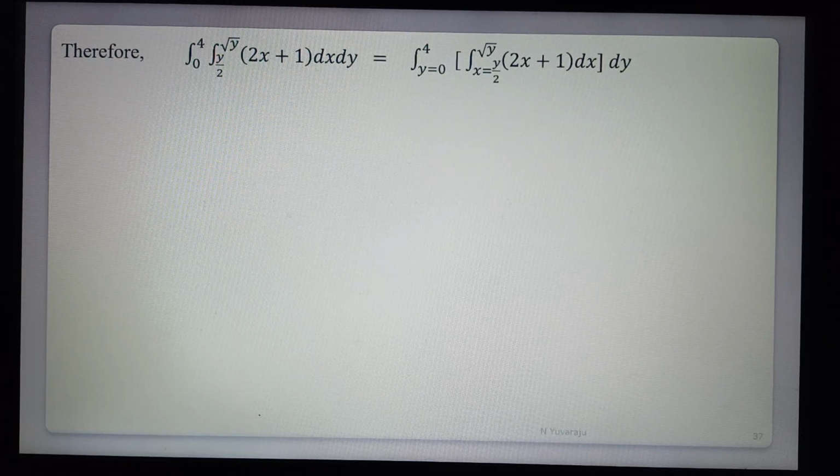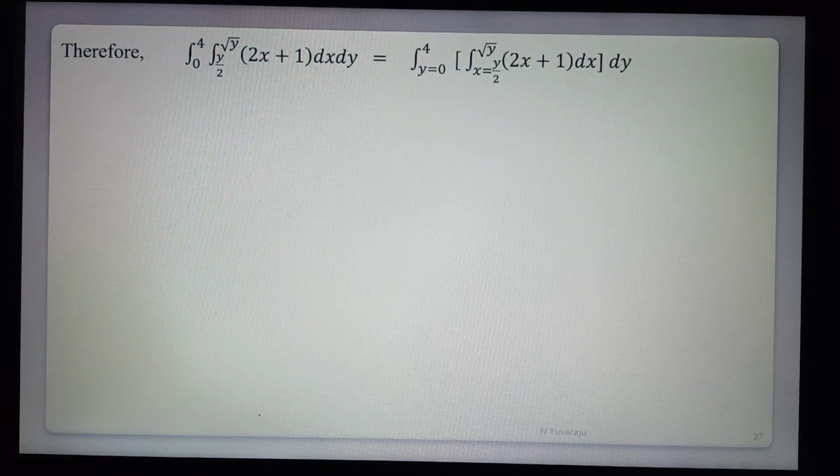So with the new limits, the integral from 0 to 4, the integral from y by 2 to root y of (2x plus 1) dx dy, that is equal to y equals 0 to 4, x equals y by 2 to root y, (2x plus 1) dx dy.